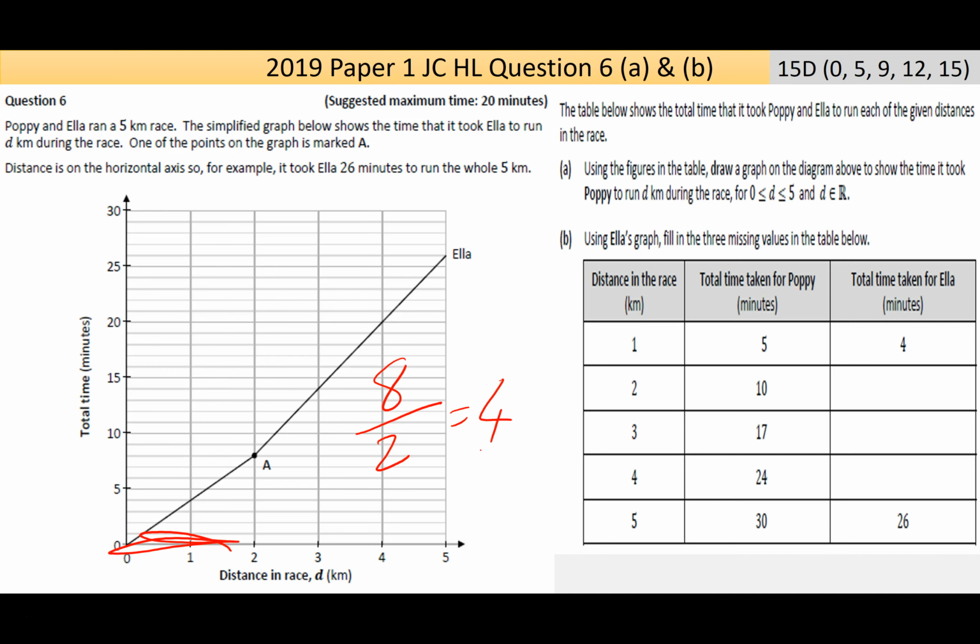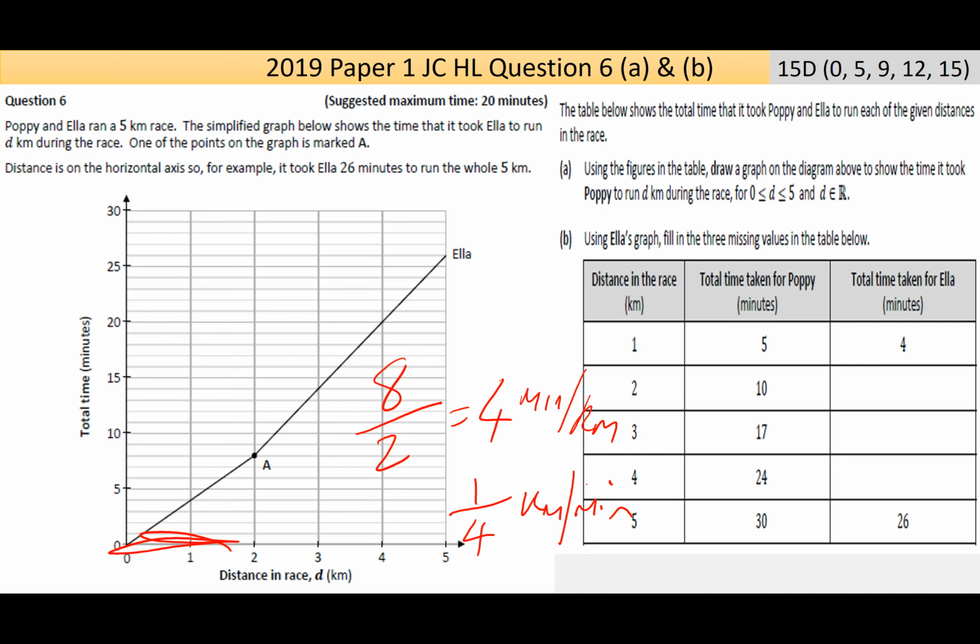That's 4 minutes per kilometer. So 4 minutes to do 1 kilometer, which is the opposite of speed. If you flip that over, it'd be a quarter kilometers per minute.